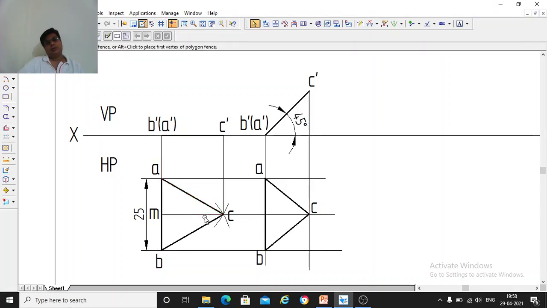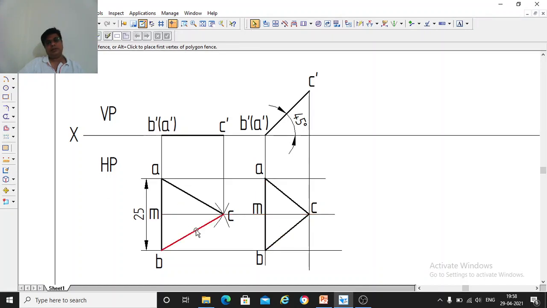Now this CM in the initial stage, its length is more, and in the second stage when the plane is inclined to HP, this line CM is also reduced. So this point on AB is again M. Write this M point here.